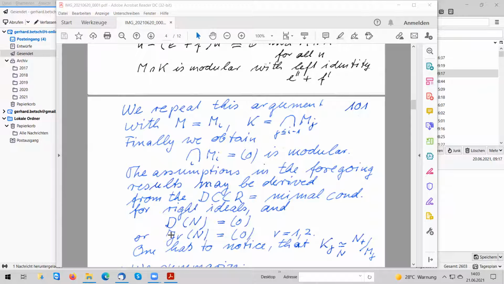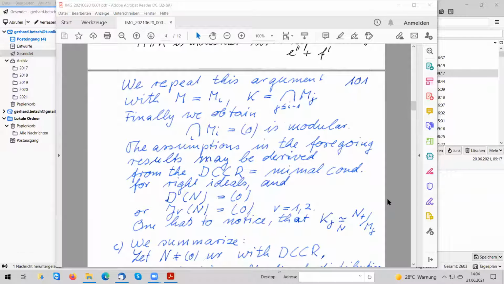And one of those equations that D or A half N is 0, or one of the J nu of N is 0, nu 1 or 2. And then one has to notice that N plus modulo Nj is isomorphic to Kj.